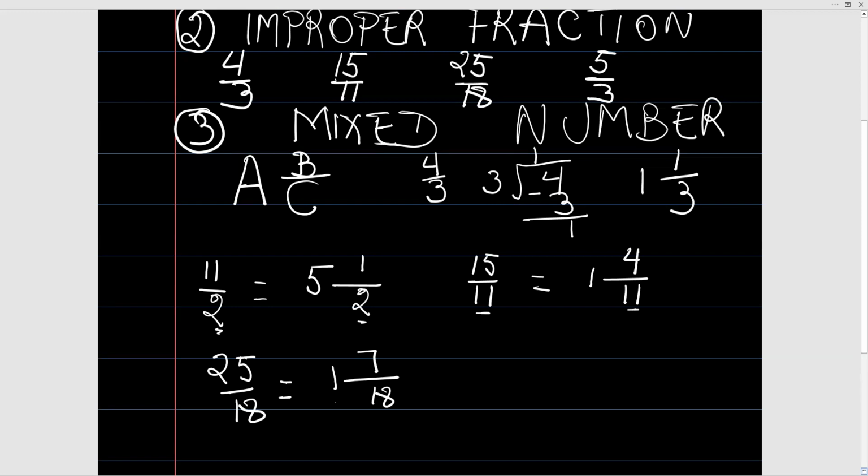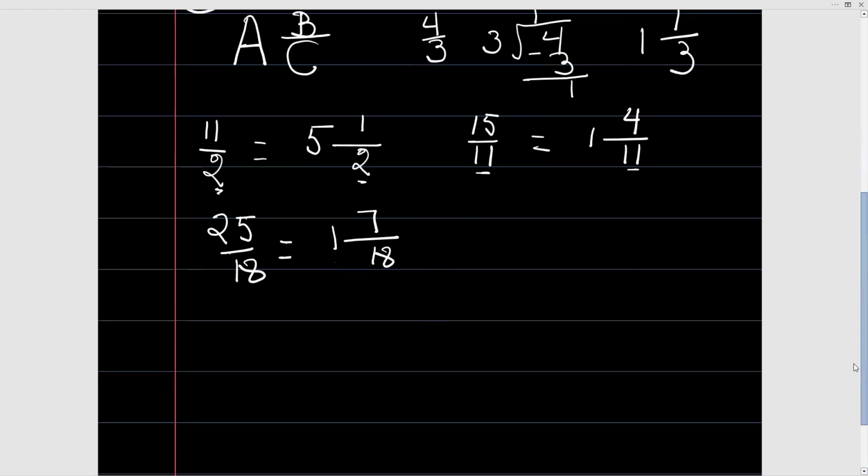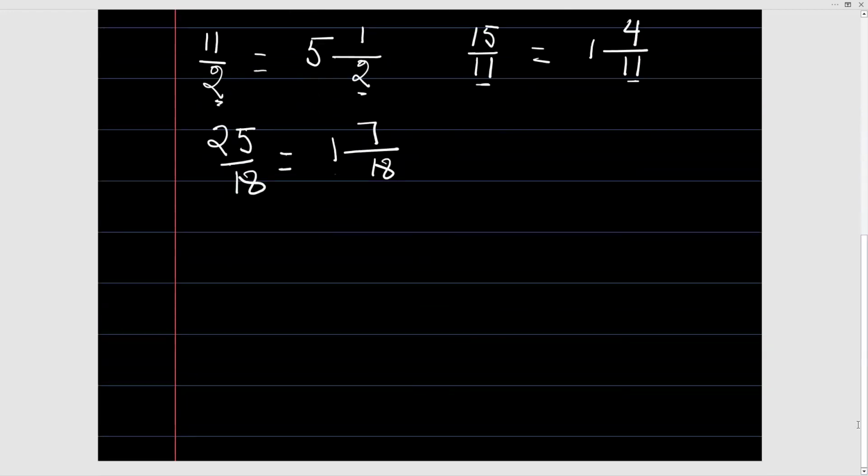So remember this. When you have a proper fraction and you divide it, the answer of your division is going to be less than 1. Example, this one here, 5 over 6. That right there, dear friend, what kind of fraction is it? It's a proper fraction.